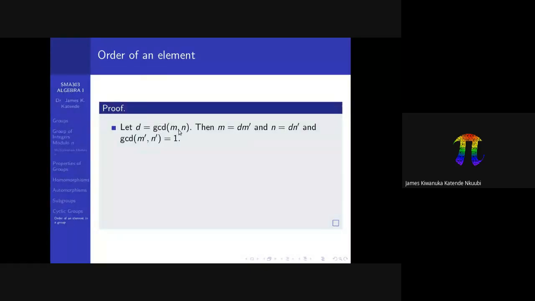D is a common divisor of M and N, so I can write M as a multiple of D, and I can also write N as a multiple of D. And since D is the GCD, M prime and N prime cannot have any common factor bigger than 1. If they do, then D will no longer be the greatest common divisor; you can find a larger common divisor. So that means M prime and N prime must be co-prime. The GCD is equal to 1. I hope that is clear.